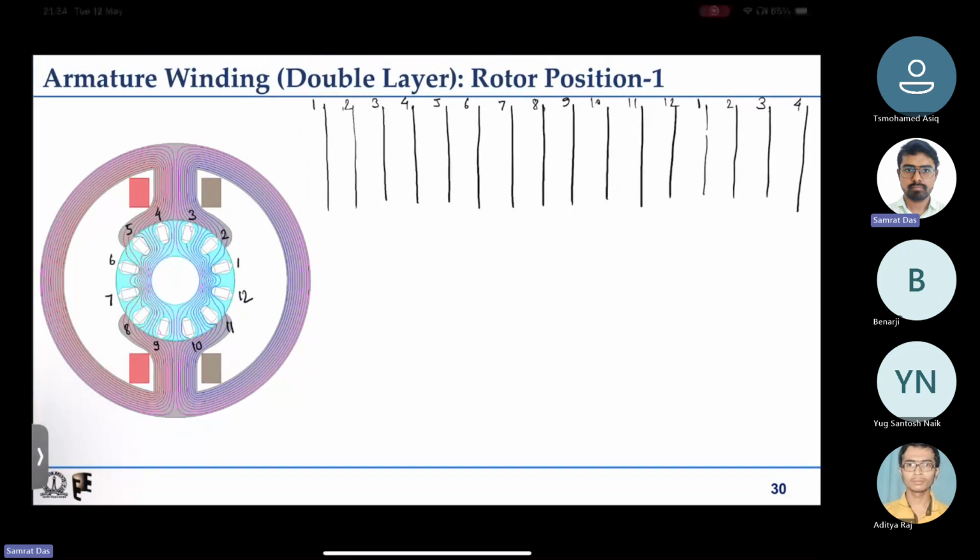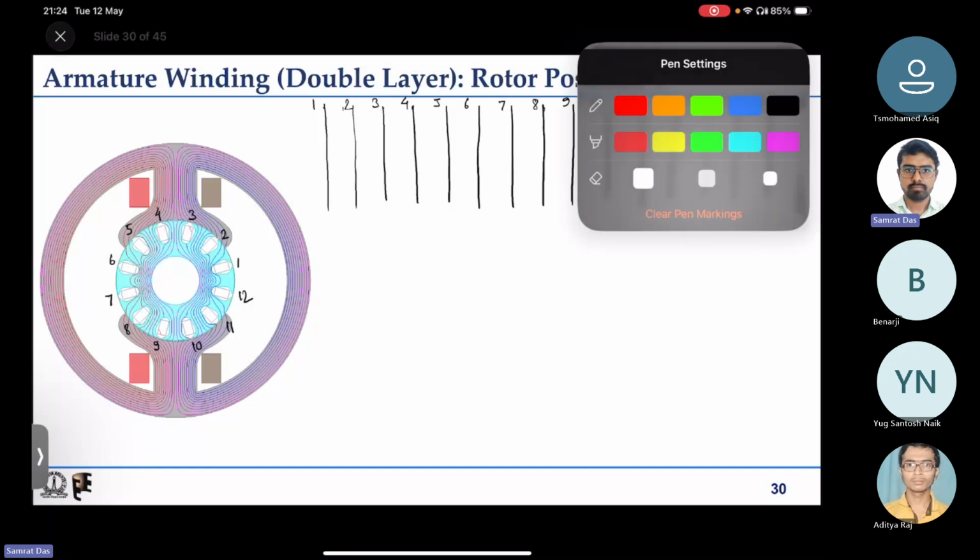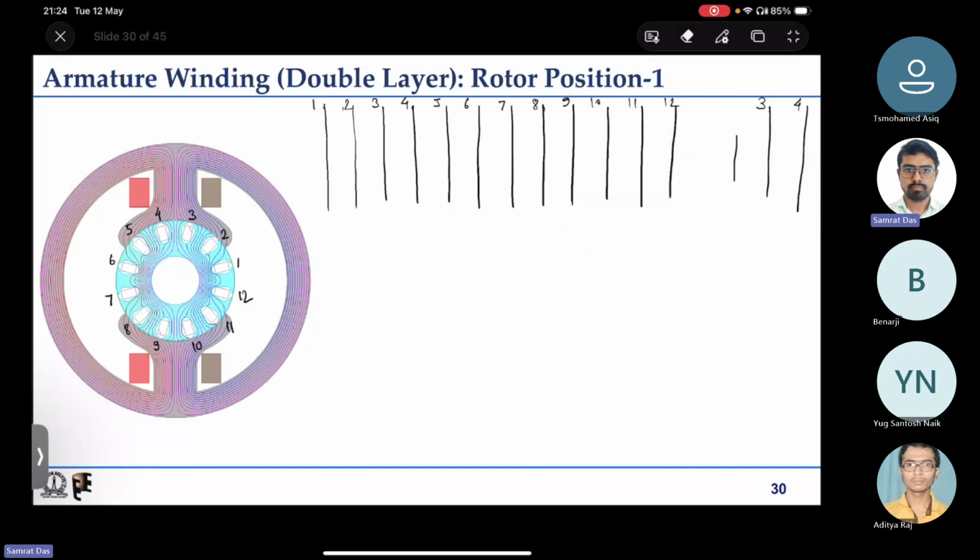I don't think so. Okay, so these are the slot numbers, 1 to 12.